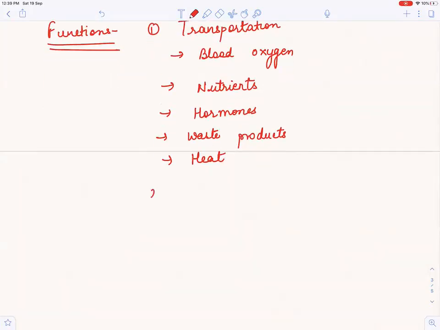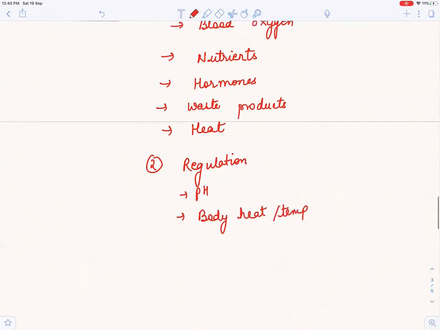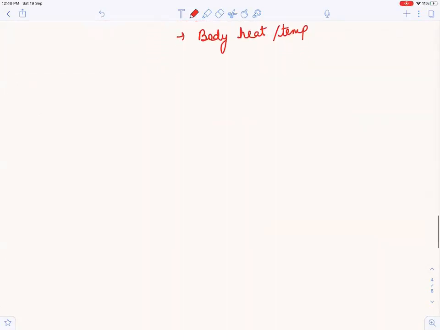Now it is acting as a regulatory mechanism, right? So the second function is regulation. It is regulating what? It is regulating the pH. It is regulating the body temperature or the body heat. Okay. And what else? Protection. The third function can be protection.